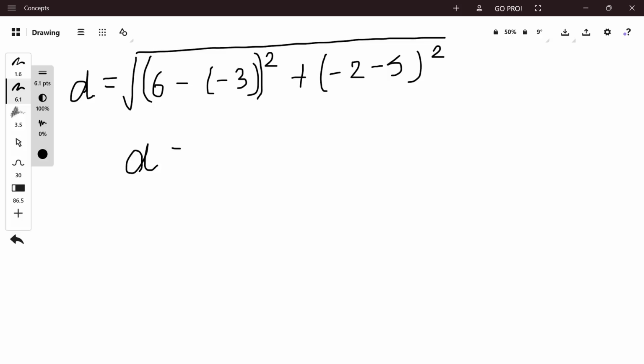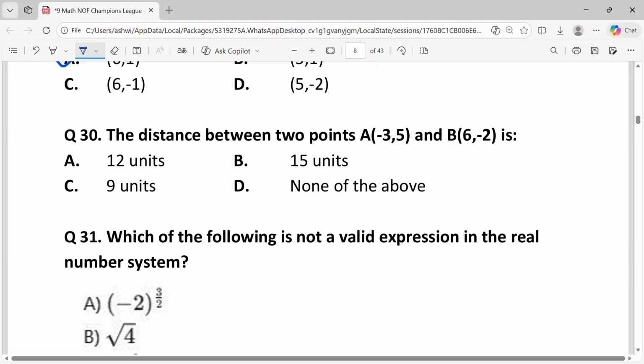Solving for d, d is equal to root 130. The calculated distance is root 130 units. Comparing with the given options, the answer is none of these. None of the above, D.